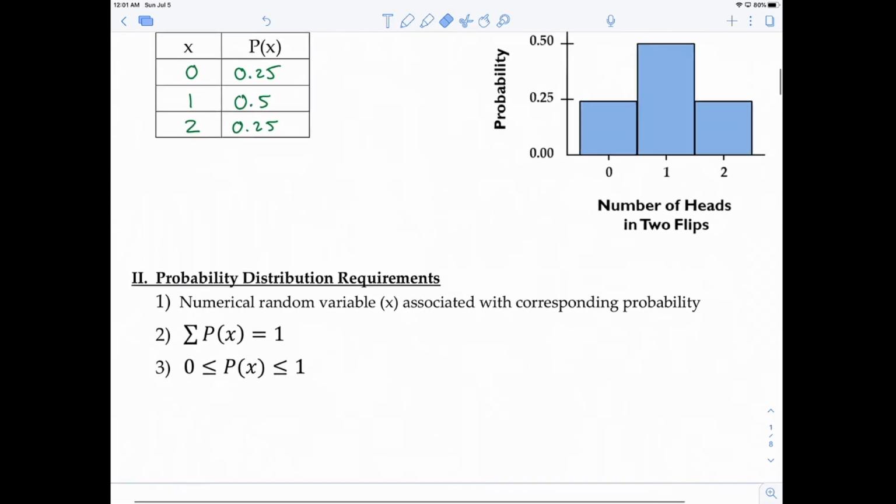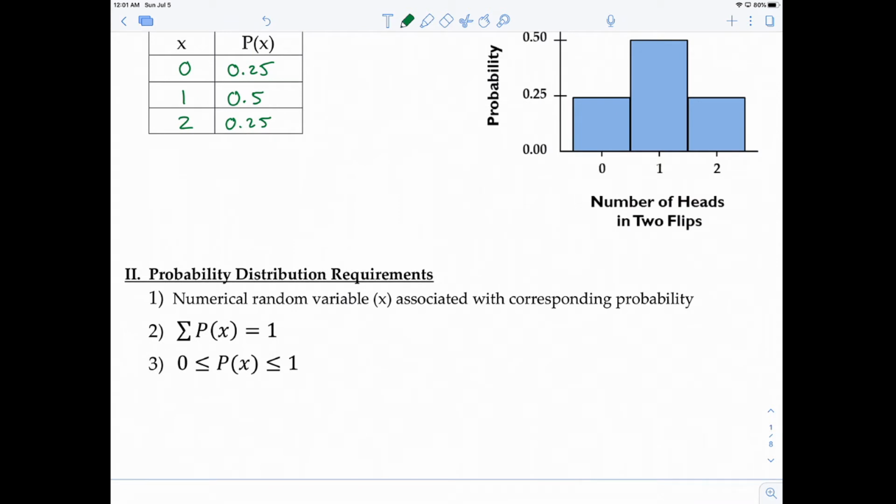There are 3 requirements to be a probability distribution for a numerical variable. The first is that we have a numerical random variable associated with corresponding probabilities. The key word there is numerical: it's got to be a numerical random variable that corresponds with probabilities.